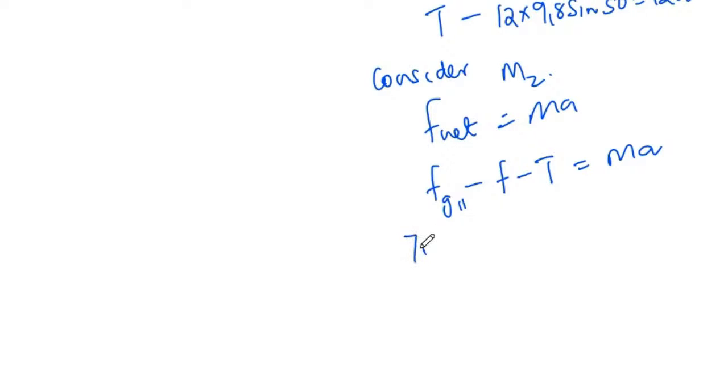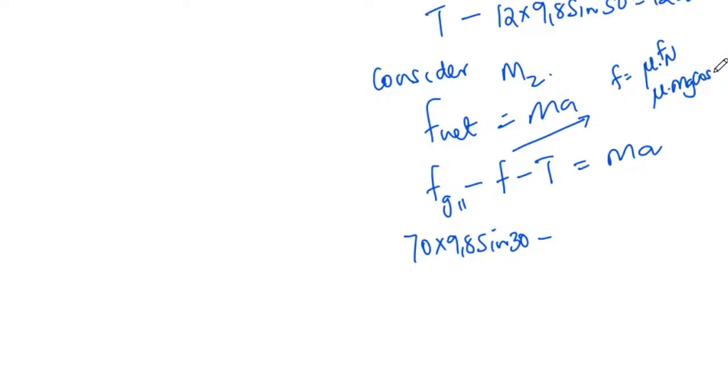So that is 70 times 9.8 times the sine of 30, minus the frictional force. Remember, frictional force is always the coefficient times the normal force, which is mg cos of the angle of inclination. So minus 0.2 times 70 times 9.8 times the cos of 30, minus the tension, must give me 70 times the acceleration.